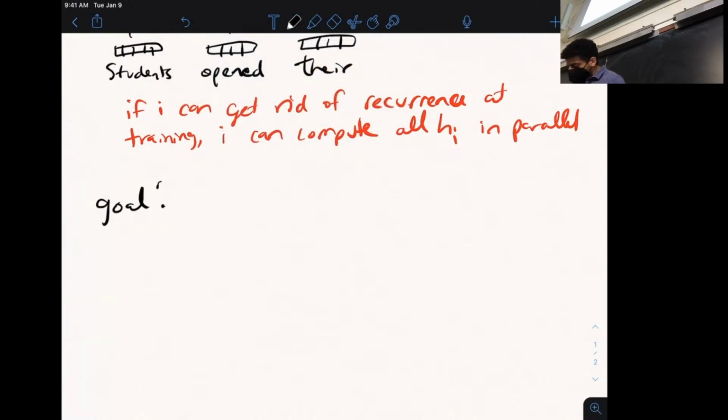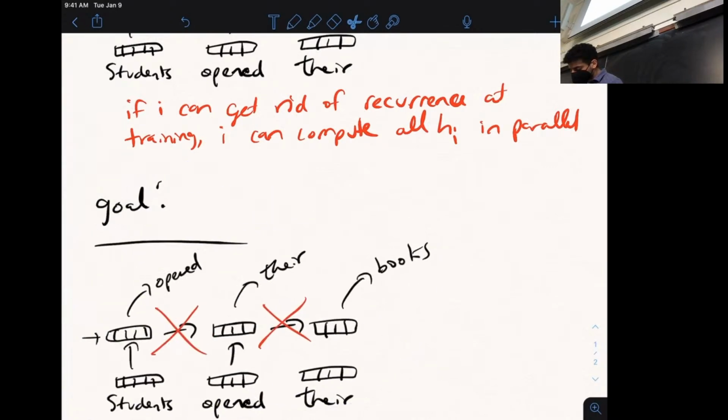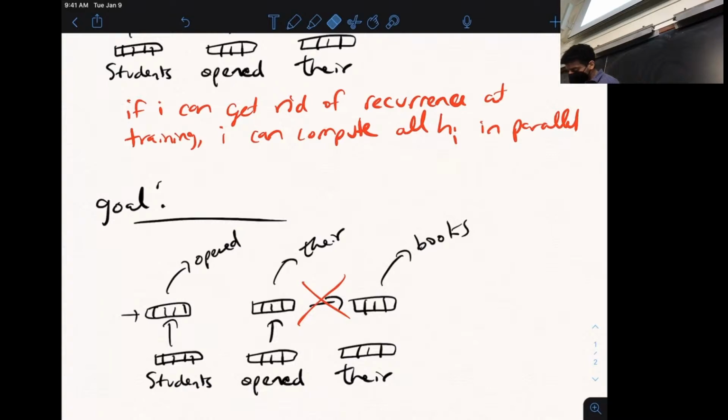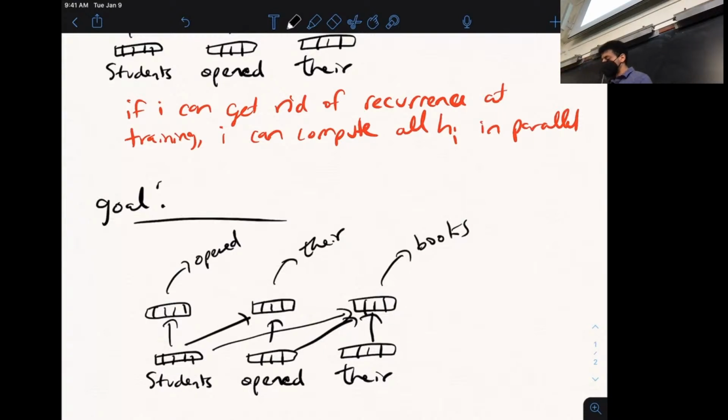Our goal might be that we want to create something like this, where we don't have these dependencies between the different hidden states. And if we don't have that, then we can compute all of these in parallel.